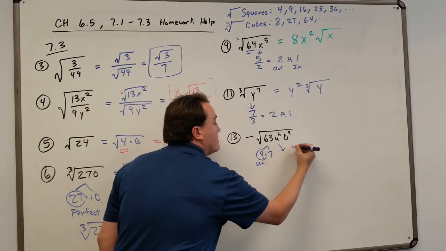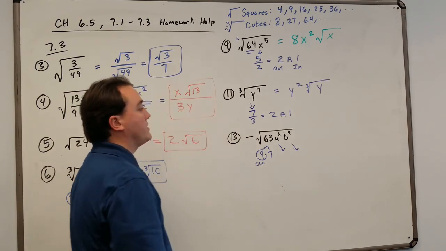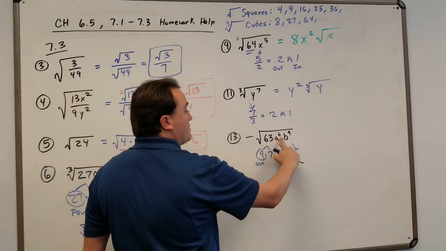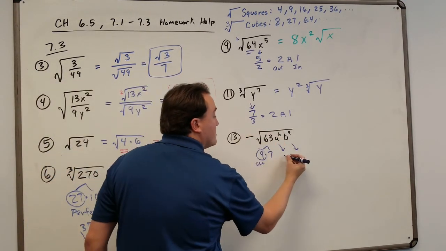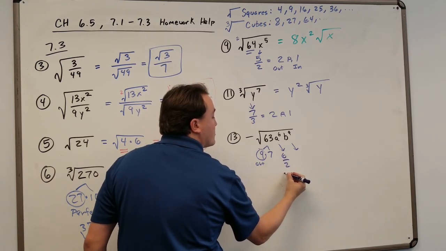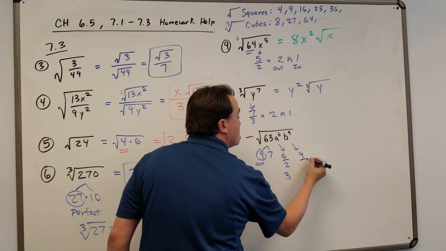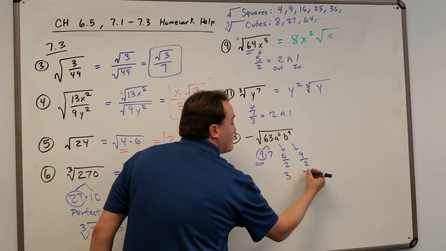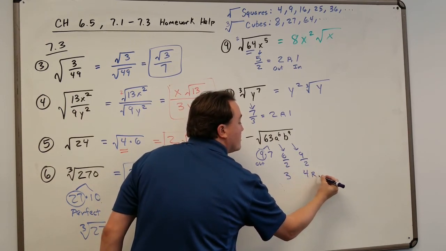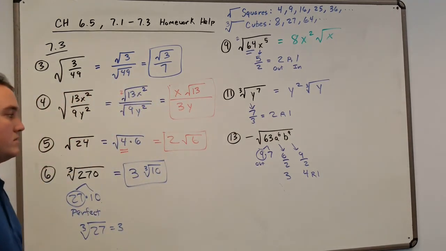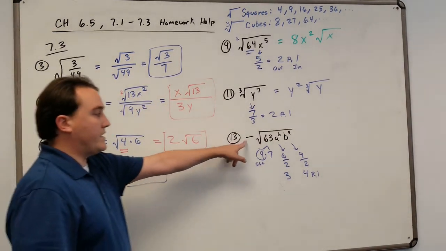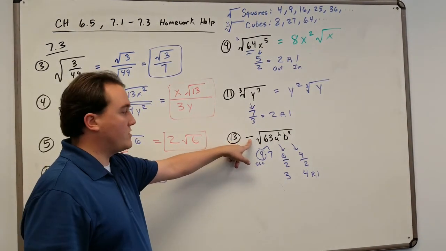For a and b, set up the fractions that I have there, okay? Exponent divided by the root is 2. 6 divided by 2 is 3. 9 divided by 2: 2 goes into 9 4 times with a remainder of 1. That negative's out there. All you do is put that in your answer.